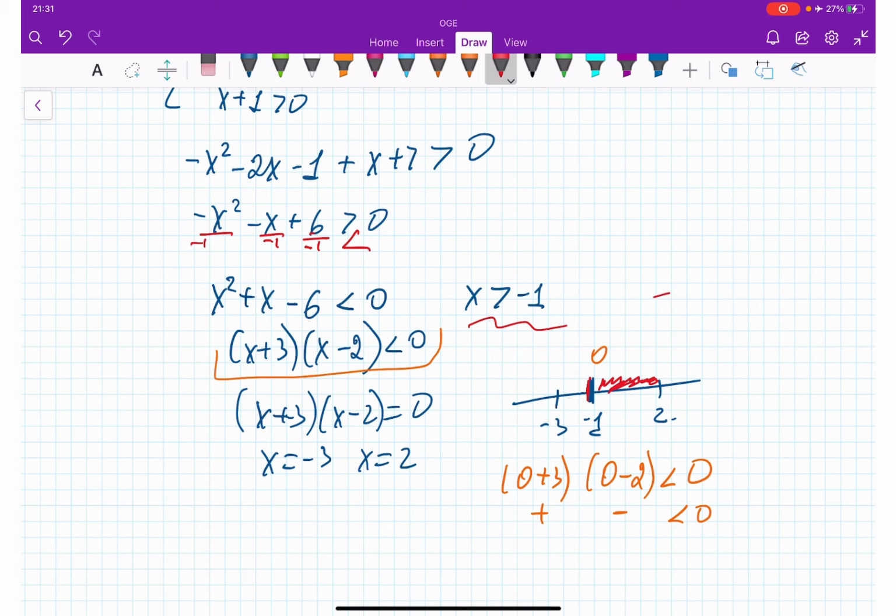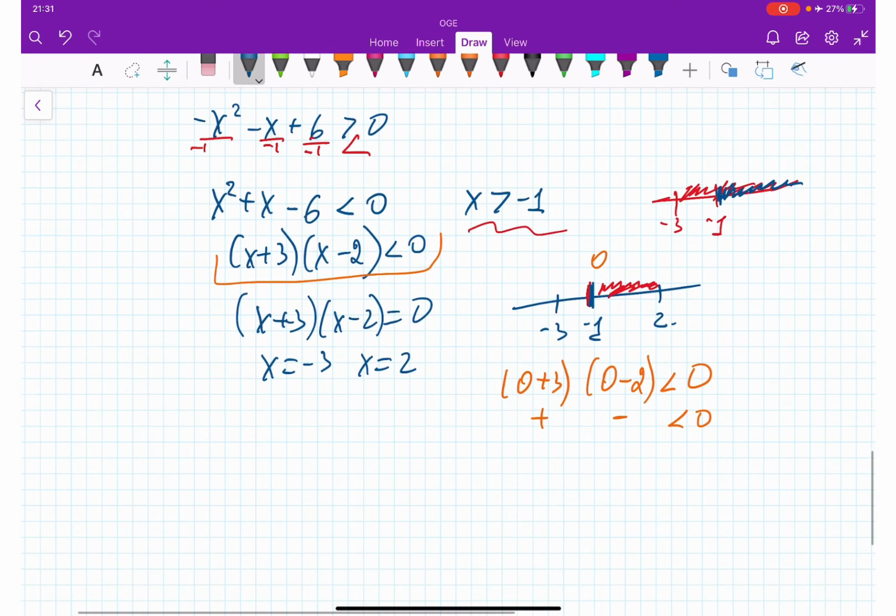Because when we have x greater than -3 and x greater than -1, the answer is going to be limited by this one, right? Where it's common, both of them satisfying that condition. So therefore the answer is going to be between -1 and 2.